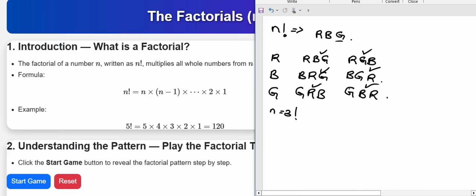Factorial means I take that 3 and multiply by all numbers less than 3, but not 0. So I multiply by 2 and then by 1, but I don't go beyond 1. The last number must be 1. So it becomes 3 by 2 by 1, which is 6 arrangements, the same as we got here.